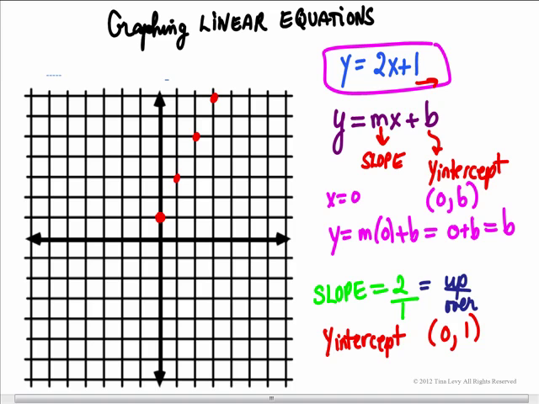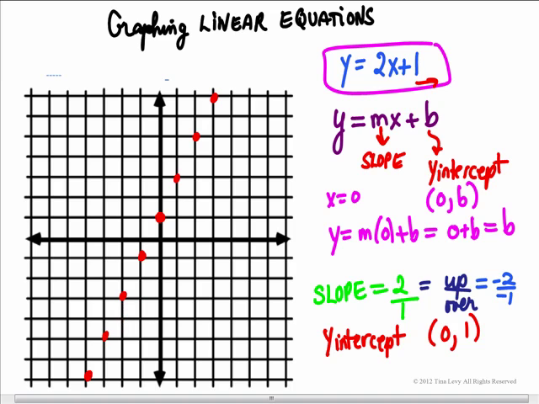But I also, like we did before, the fact that it's 2 over 1, I could also do negative 2 over negative 1. So I can go down 2, which means then I would go left 1, down 2, left 1, down 2, left 1, down 2, left 1.